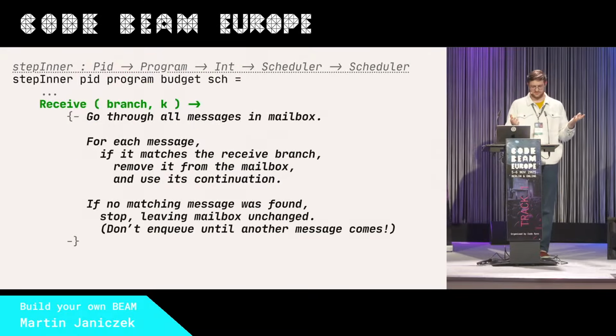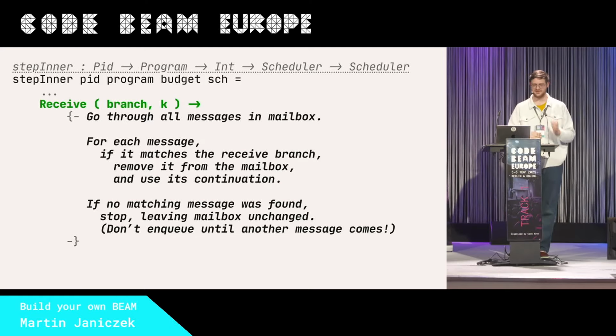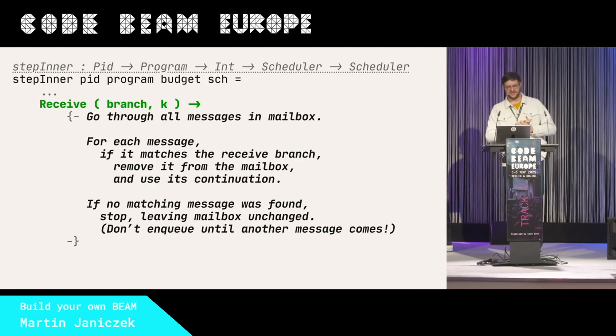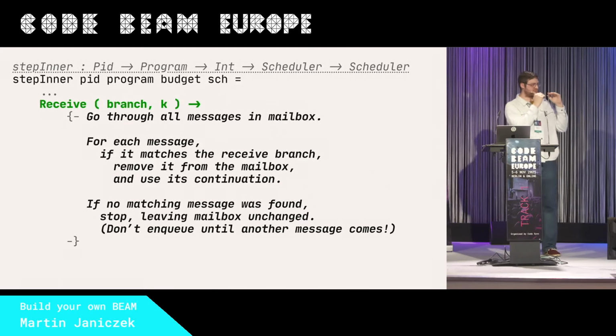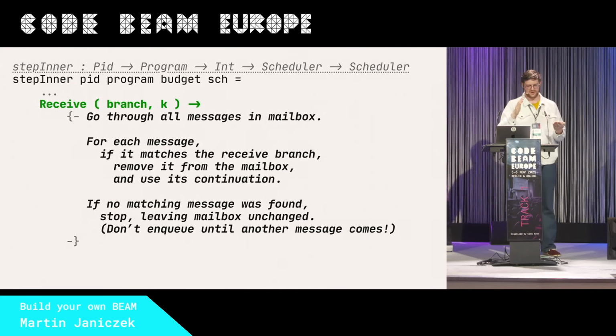And now the implementation of the receive function is kind of huge. That's like the most code I will be showing. So let's instead talk about it in pseudocode. When you are receiving a message selectively, you go through your mailbox and see if any of those messages match.